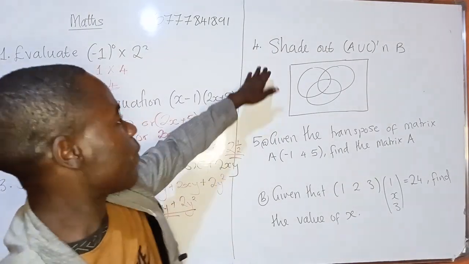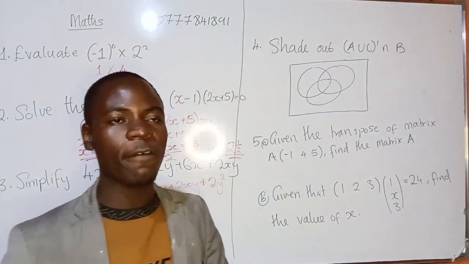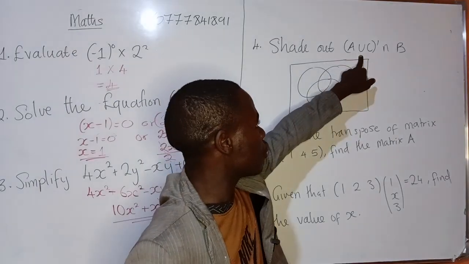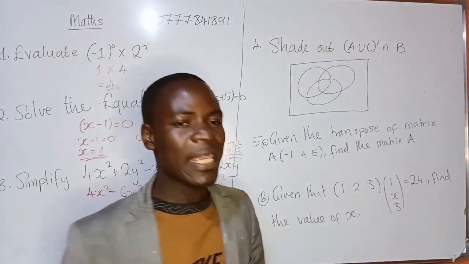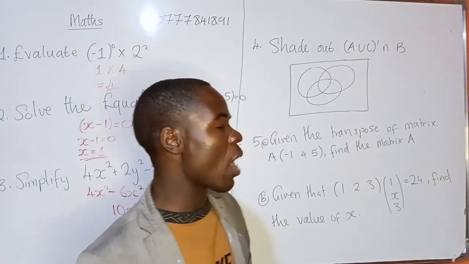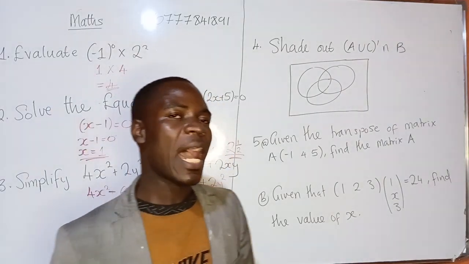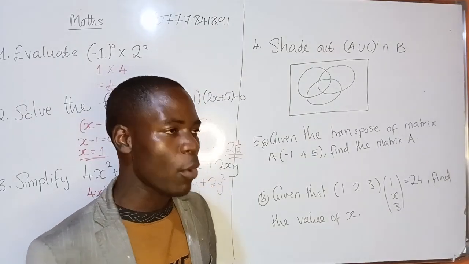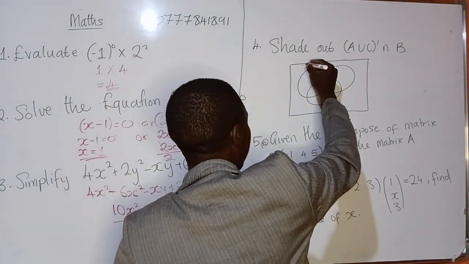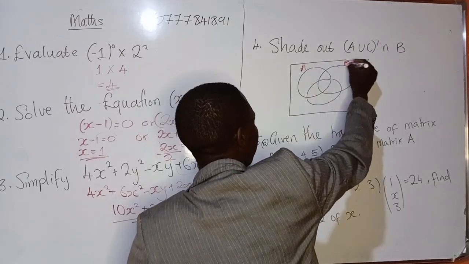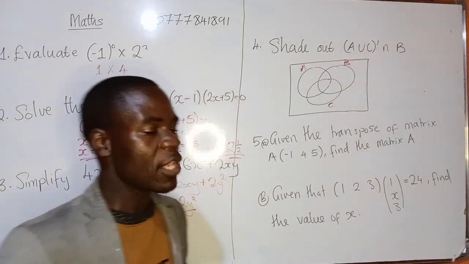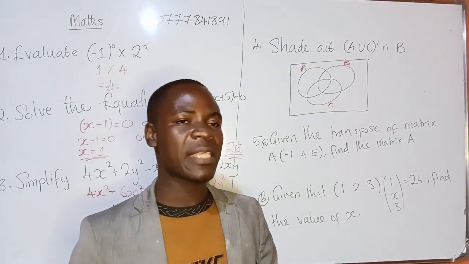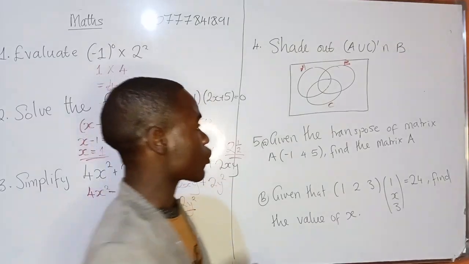Okay, we have the fourth question, which is question 4, where they say check out A union C complement intersection B. Here we must understand and treat the complement as something very important. This is our A, this is our B, and this is our C. It is very important to treat the complement as something vital.